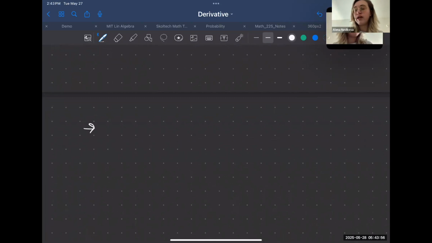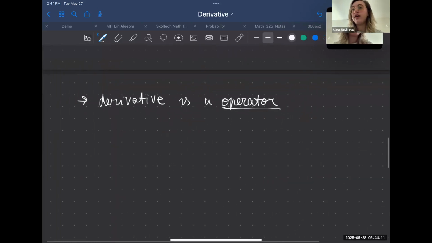And just to sum it up, I also want to bring up this notion that a derivative is an operator, right? Just like anything else that you learn, addition, subtraction, multiplication, exponentiation, those are operators, something that you do on your input, and it produces an output.